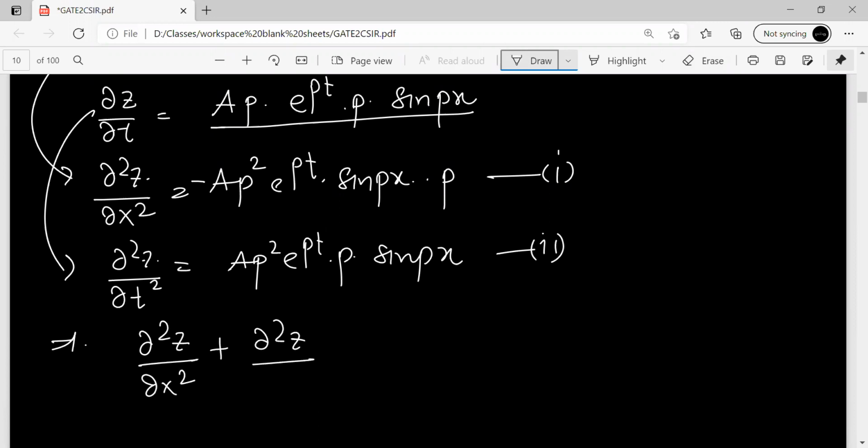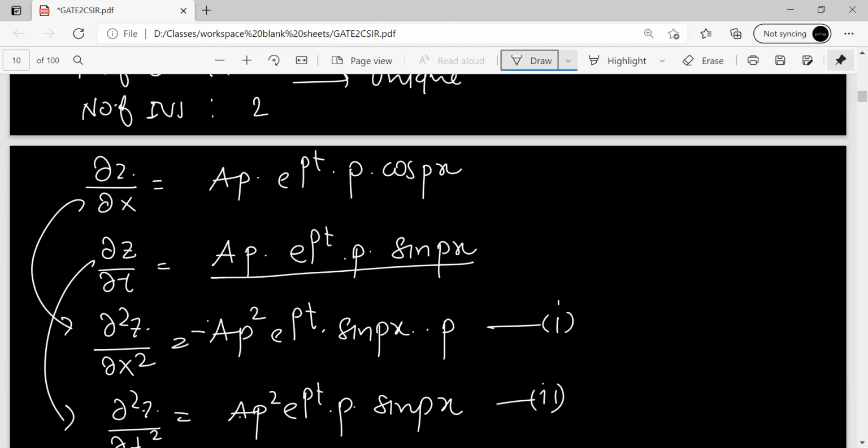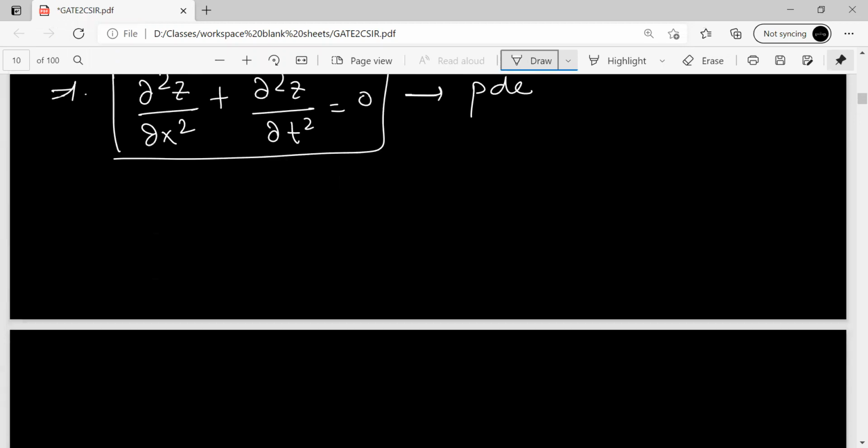And once I add, they will become cancelled. So this is the restored PDE which I've got. So I hope you got the flavor of how to eliminate arbitrary constants.